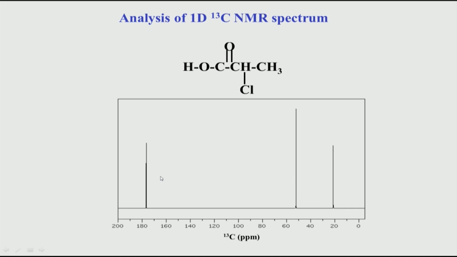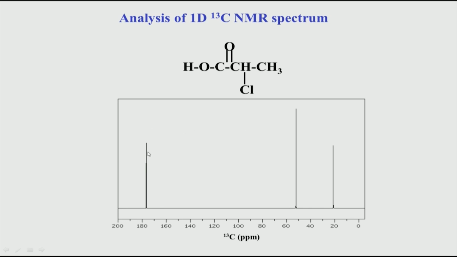Again, if you look at the intensities of these peaks, keep in mind that the intensities are no longer proportional to the number of carbons. For example, if they were proportional, I would have expected all of them to be equal in intensity. Why? Because they are each one carbon.